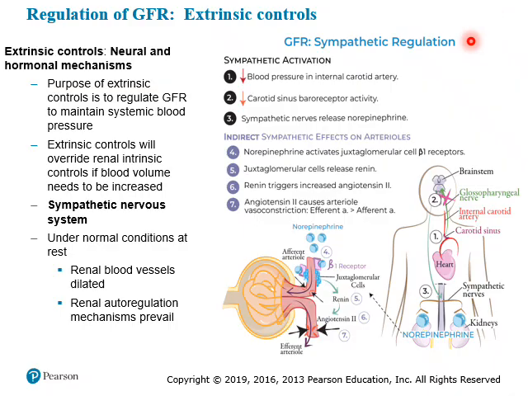So that's your afferent arteriole right here. Okay, they are already narrow, but they become narrower. These would dramatically reduce the flow of blood into the kidney, shunting it to more vital organs like the heart and the brain, and cause a very steep drop in the glomerular filtration rate. So the purpose of the extrinsic control is to regulate the glomerular filtration rate to maintain the systemic blood pressure.